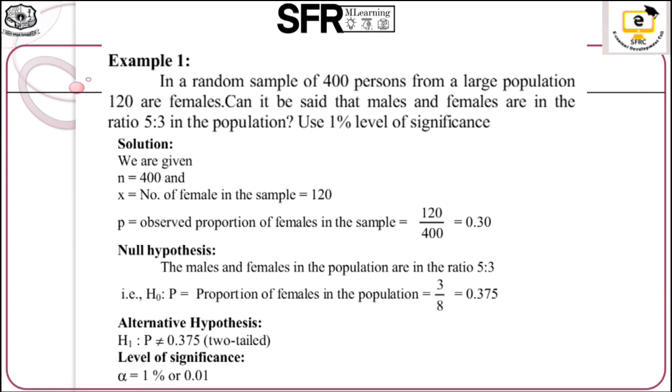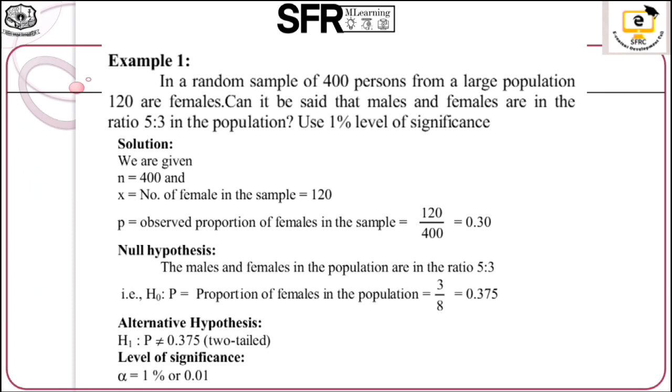That means the males and females in the population are in the ratio 5:3. So we calculate the proportion of females in the population, which is 3/8, equal to 0.375. The alternative hypothesis is that the given proportion is not true. That is, the males and females in the population are not in the ratio 5:3.